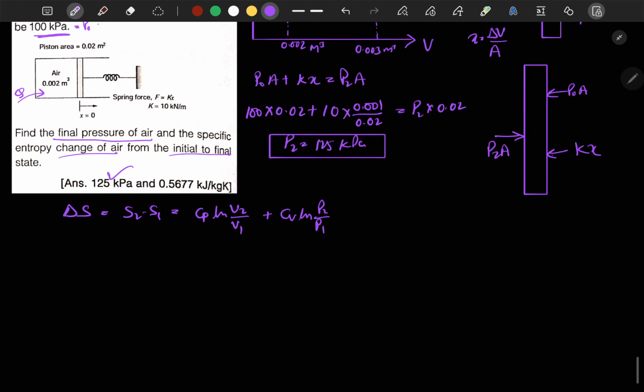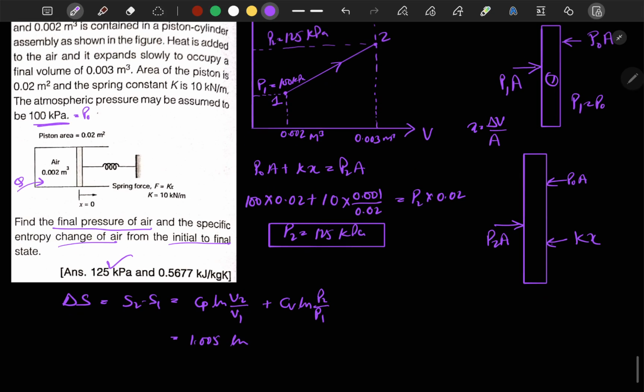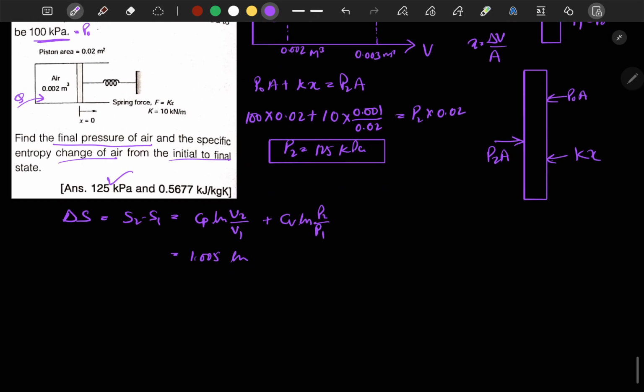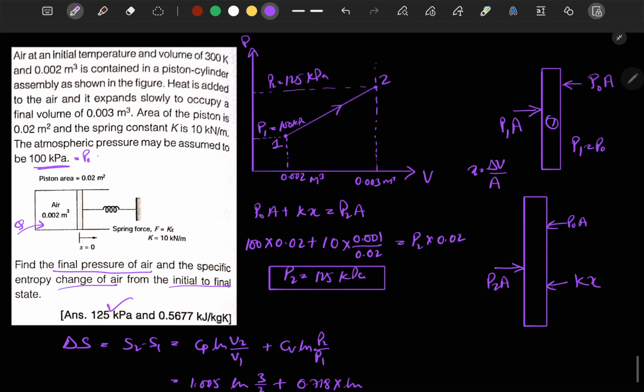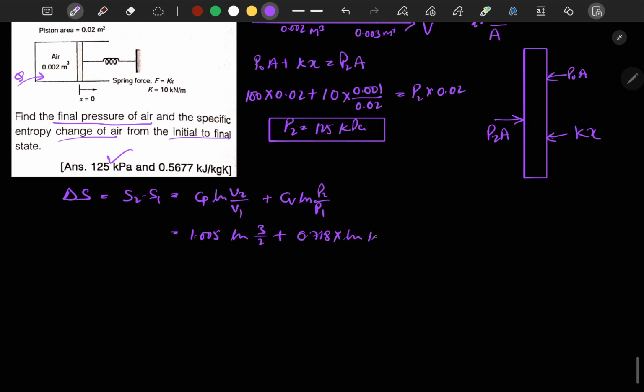Now if we substitute the values, we get 1.005 times ln V2 by V1. At state 2 the volume is 0.03, so this will be 3 by 2, plus Cv, which is 0.718, times ln of P2 by P1. P2 is 1.25 and P1 is 1, so we get 1.25.